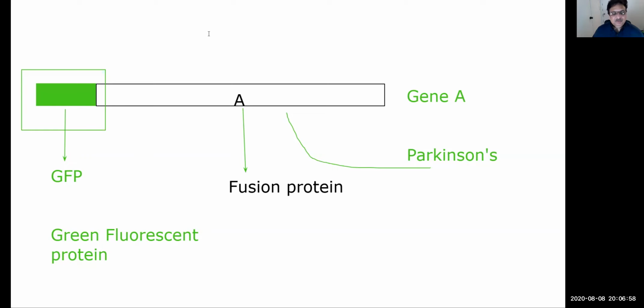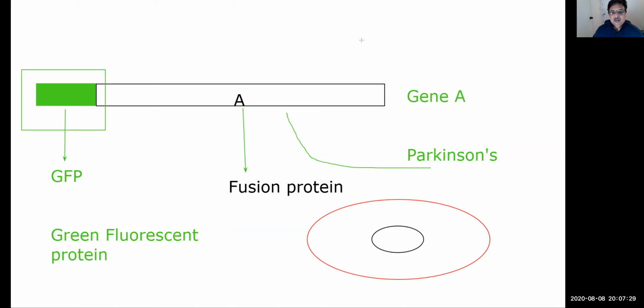So let's say this is a cell, and this cell has a nucleus. Now scientists want to study gene A, which is a fusion protein.